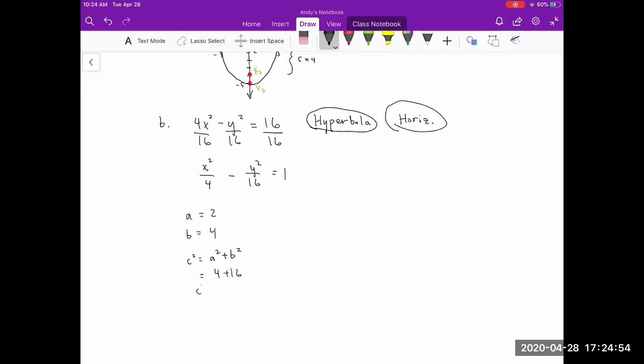So c squared is 20. That means c is the square root of 20. By the way, the square root of 20 is 2 radical 5, because 20 is 4 times 5, and the square root of 4 is 2, so a 2 comes out. So, good. There we have c.